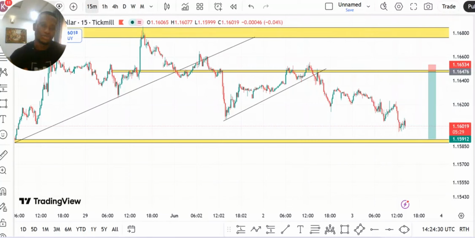As a structure, it connects two or more higher lows. The trend line acts as a support, showing buyers are in control if the market is on a bullish move.